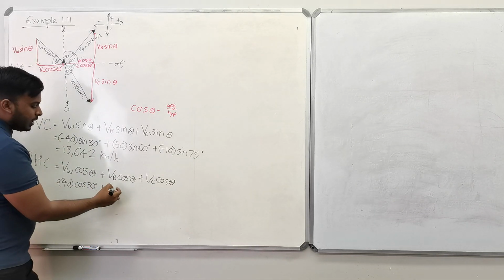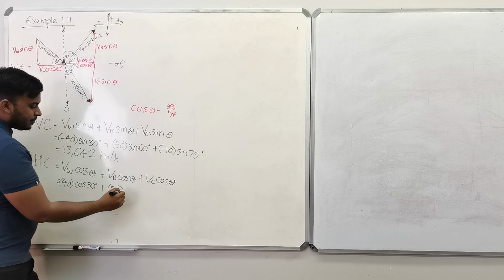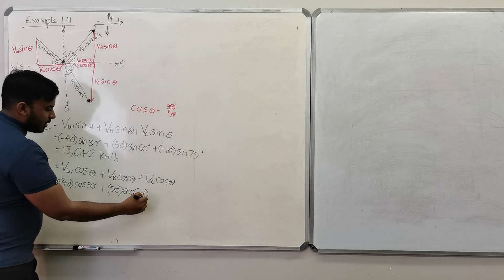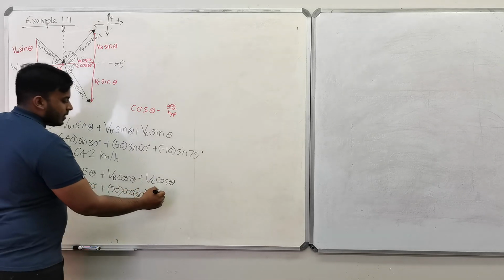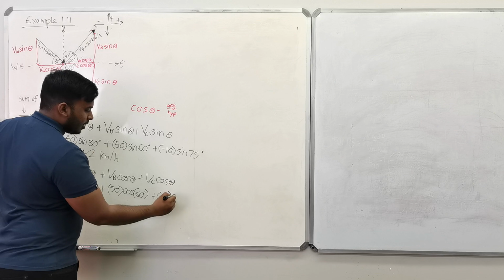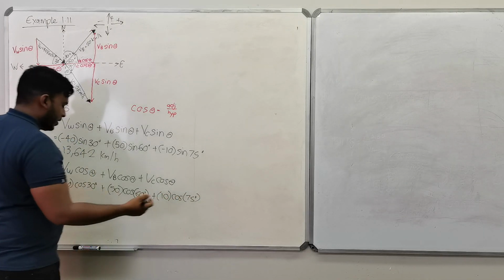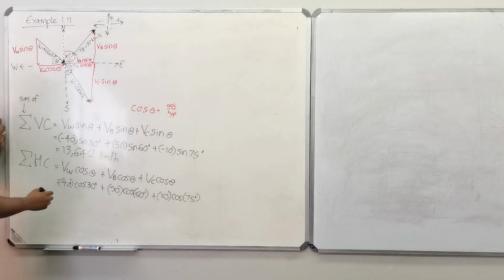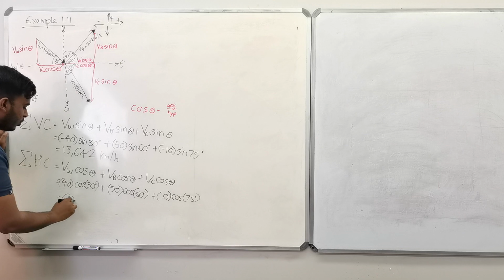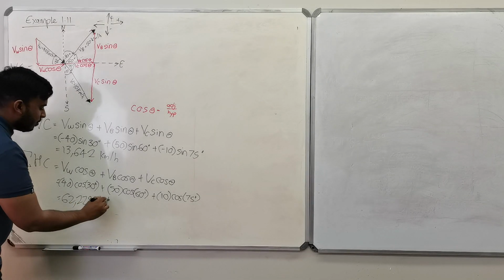So what will this value be? 50 cos 60 degrees plus the current velocity, 10 cos 75 degrees. Put it in your calculator, what do you get? 62.229 kilometers per hour.